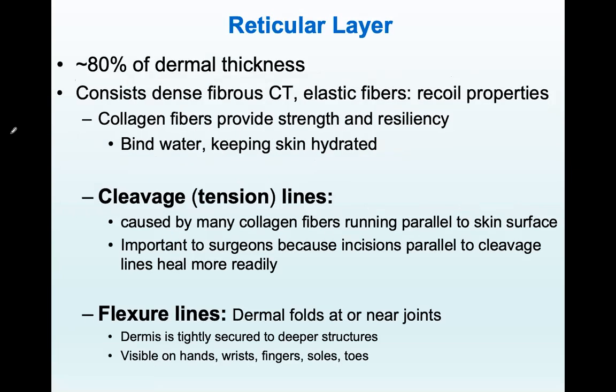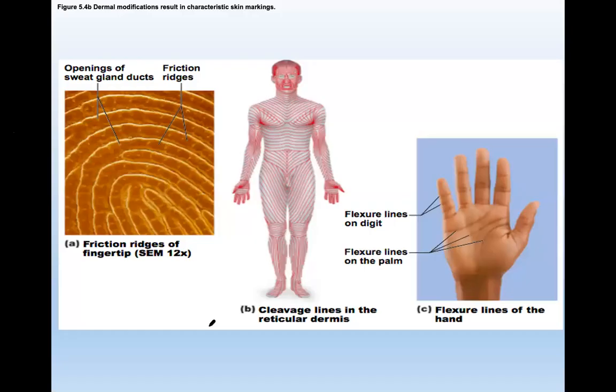Now, what we also have is your reticular layer, which has two main features: what we identify as cleavage or tension lines, and what we identify as flexure lines. I want to show you this. If you look at this picture, all of you have heard of or maybe done this before, when you go to a palm reader, right? What they read are the lines formed at the palm of your hands.